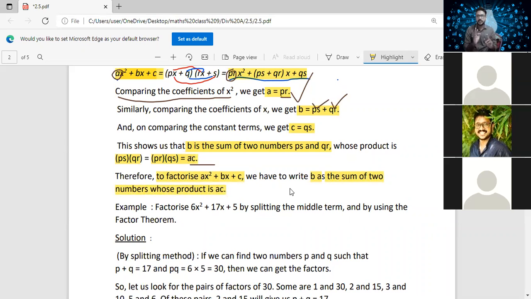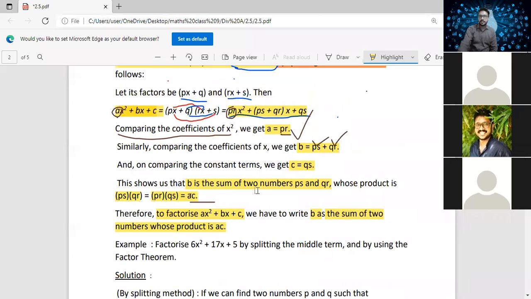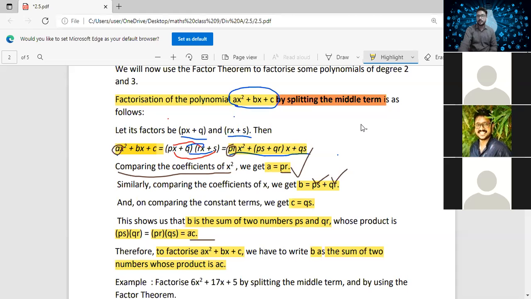AC means the product of the coefficient of x squared and the constant. I know that some of you may find it difficult, but no problem. When you do an example, it will be clear to you. So I am just showing the method, why we are doing so.